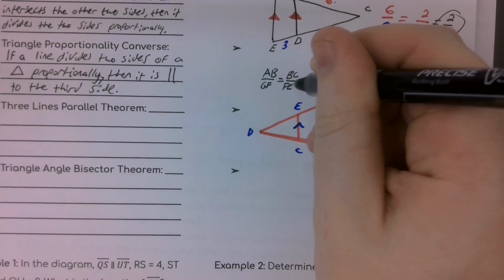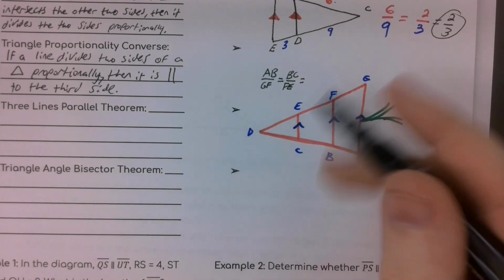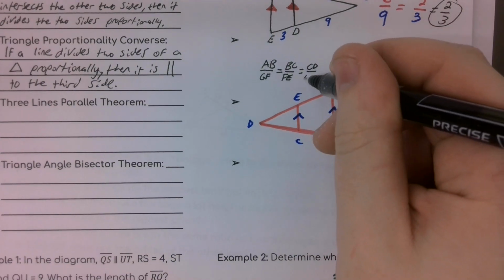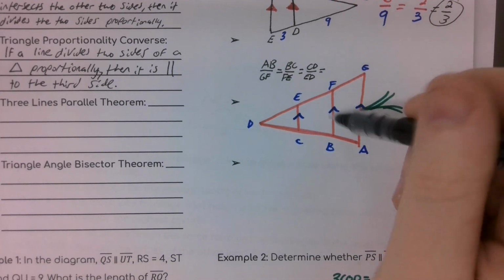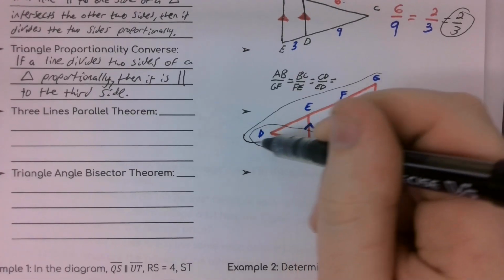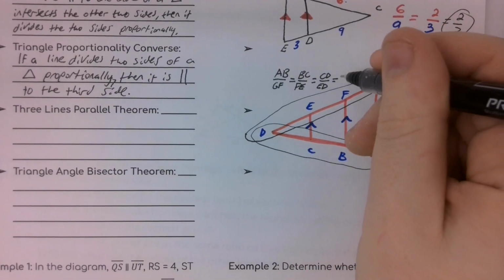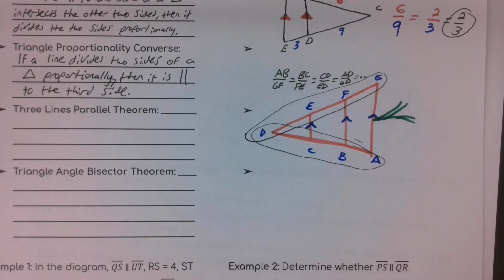So BC over FE, which corresponds to CD over ED, which corresponds to the entire bottom length AD and the entire top length GD. And we could go on and on comparing these parts. No matter what, every piece of these triangles is proportional. It's going to be the same proportion.